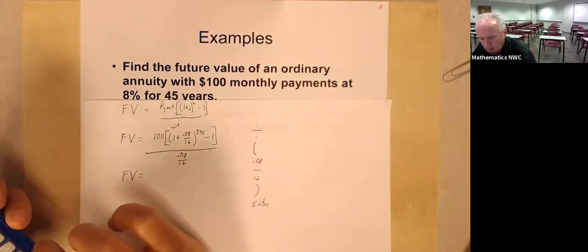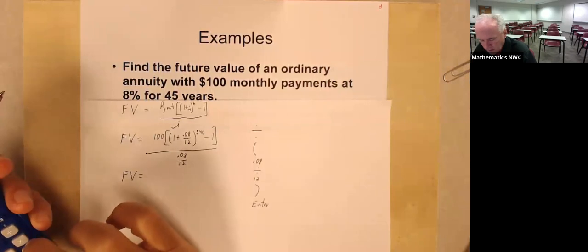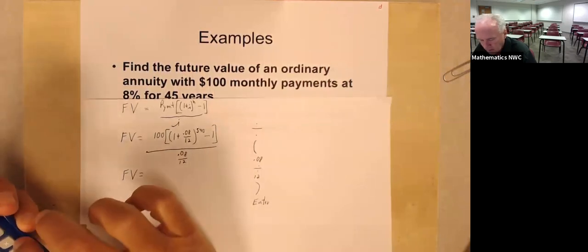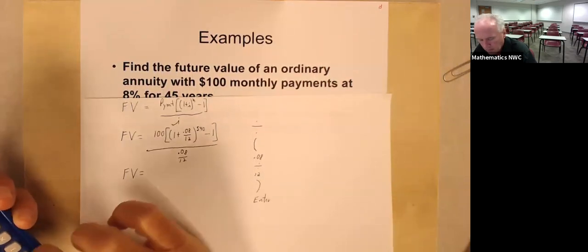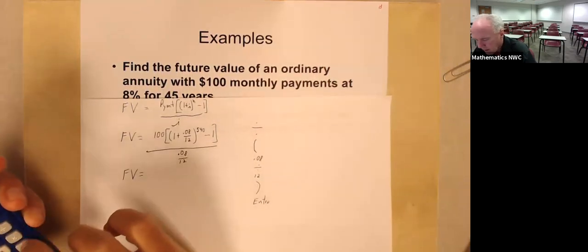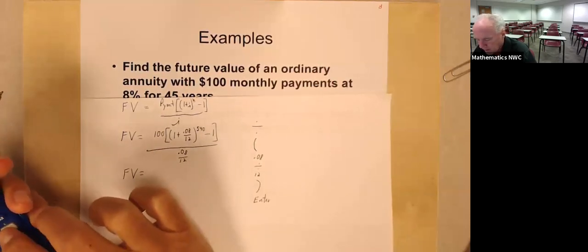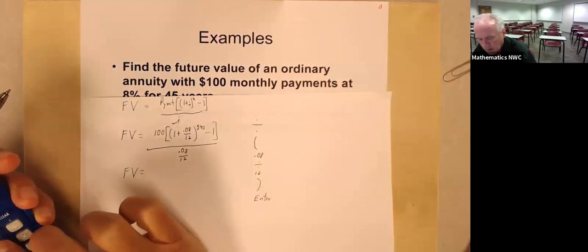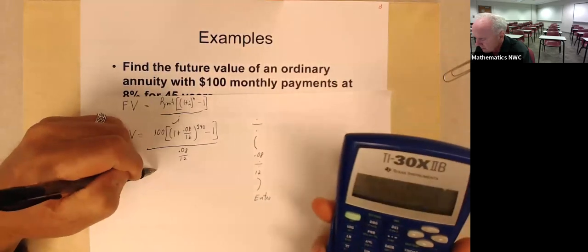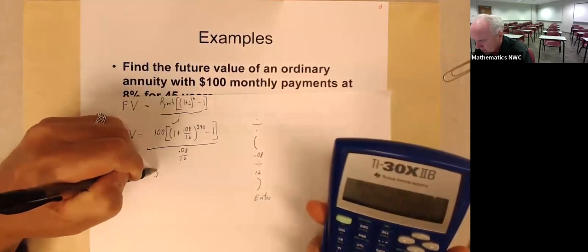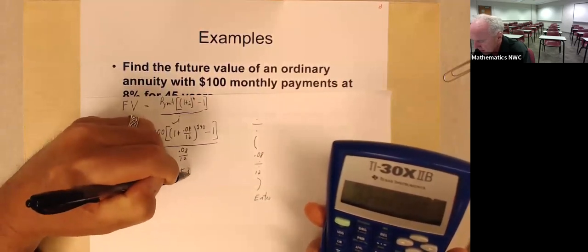So plus 1 raised to the power 540 minus 1 times 100 divided by opening parentheses 0.08 divided by 12 closing parentheses, and I get my answer to be, in this case, 527,453.99.